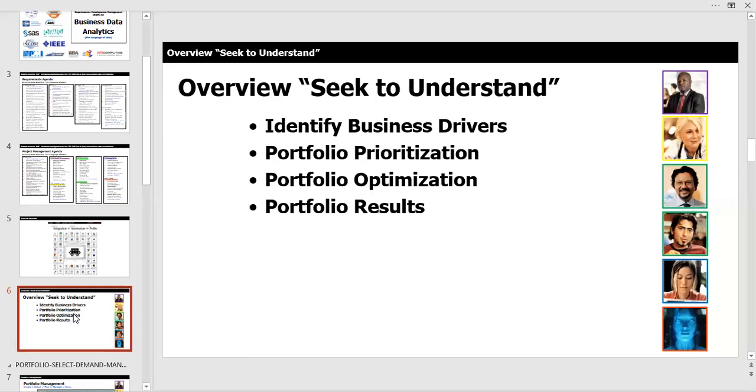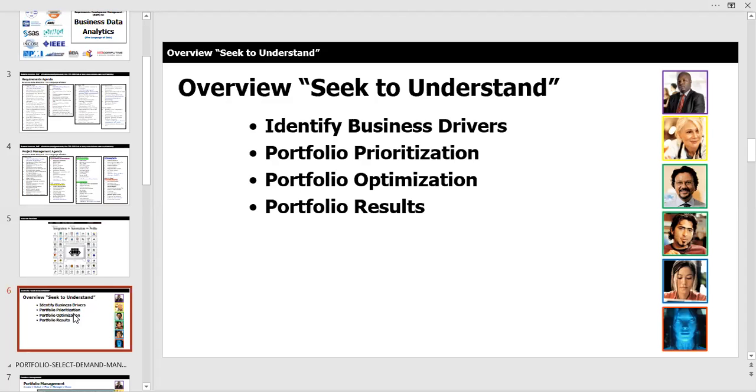What I'm going to show you is an example from a portfolio management tool. They're basically the same. They might look a little different, but the conceptual idea behind them is the same. You go through identifying your business drivers, which are the non-financial and financial key performance indicators that we identified in previous sessions.